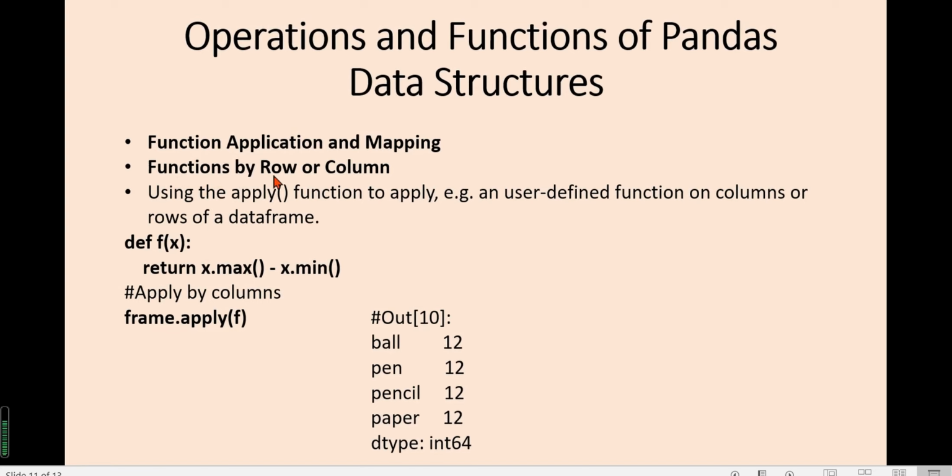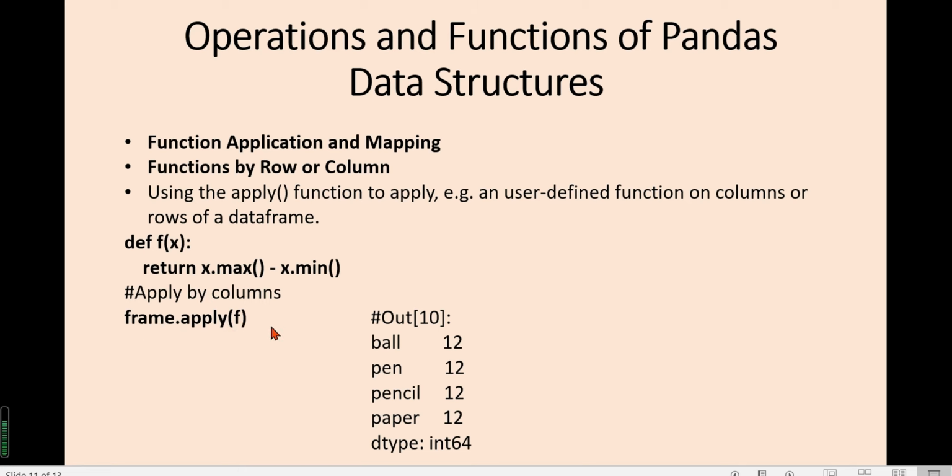Now, functions by row or column, using the apply function to apply, for example, a user-defined function to the columns or rows of a data frame. We can define a function that returns the maximum value minus the minimum value, then apply this function to the data frame.